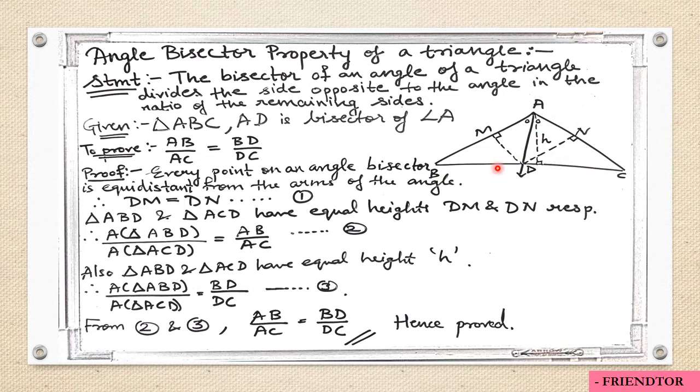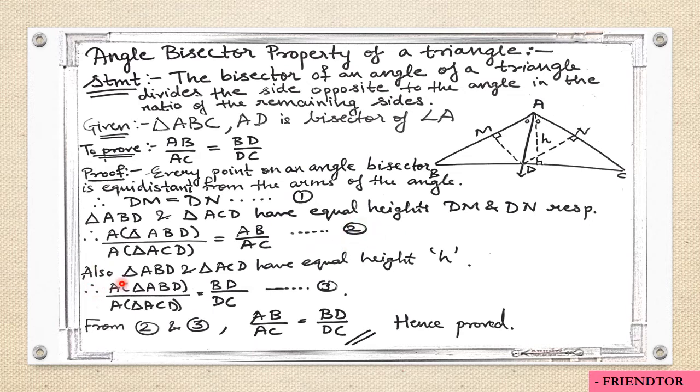If you have two triangles with equal heights, then the ratio of their areas is proportional to their bases. This is the first property that we discussed in the last slide. So area of triangle ABD upon area of triangle ACD is same as AB upon AC. That is, when DM and DN are heights, AB and AC are corresponding bases. Okay, so areas proportional to bases is the reason of this, and this is point number 2.